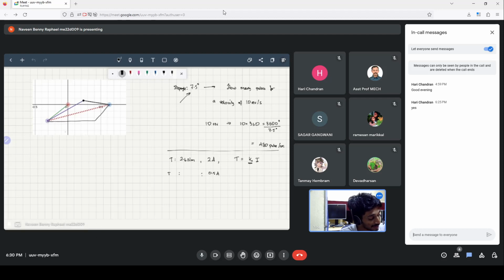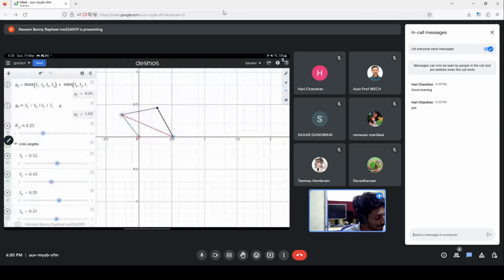If I had included this, then I could better show the double crank case. Right now I can only show the crank-rocker mechanism, because the green link is the crank and the black link is a rocker. You can see that as the green one rotates, the black one just rocks around.